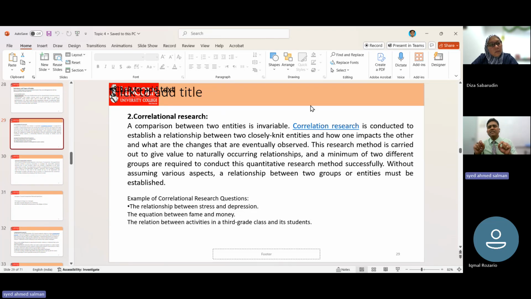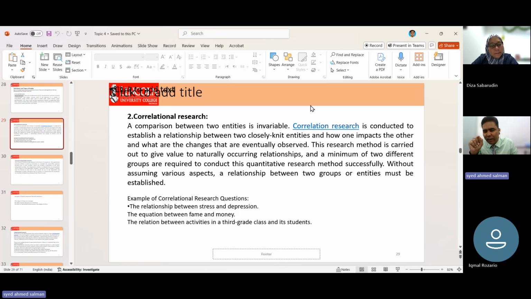I will give you a very easy one. There is a positive relationship between awareness and adopting a particular thing. If you are aware of a pen, then you know how to use the pen, right?